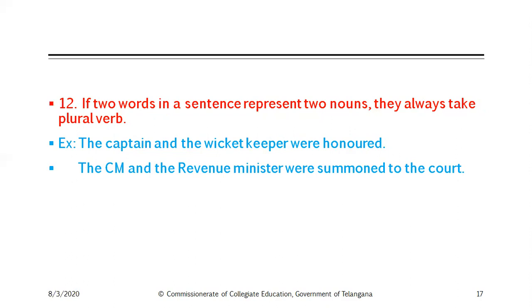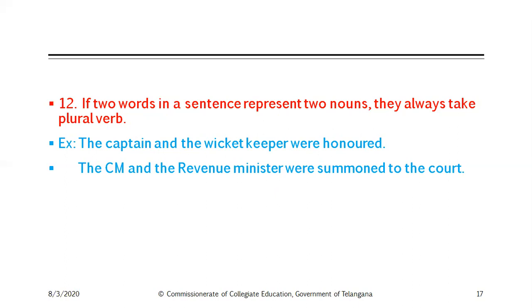If the is used only once before the phrase, that shows that there is only one person. If the is used before two nouns, it shows that there are two different persons.